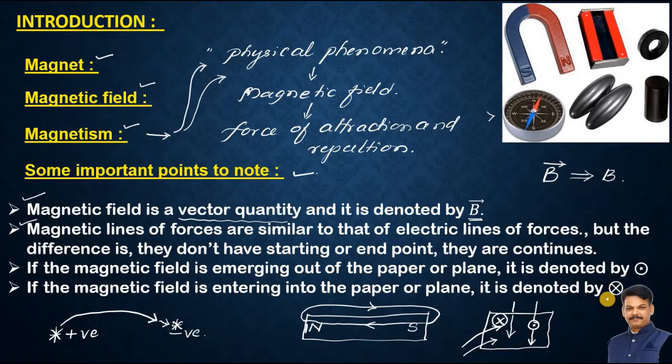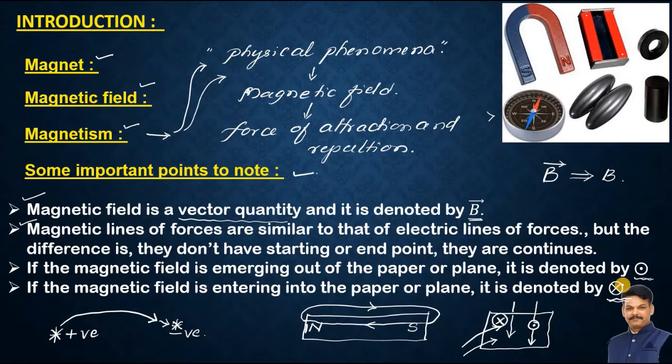Okay, dear students, here you can see the cross mark with a small circle as well as the dot mark with a small circle. It is a basic point and it will help you understand the phenomena associated with the magnetic field. Try to remember it properly without any confusion. So finally, I am repeating it once again.